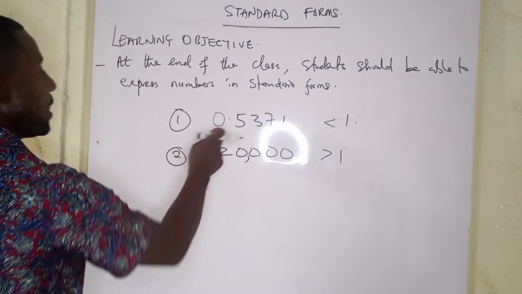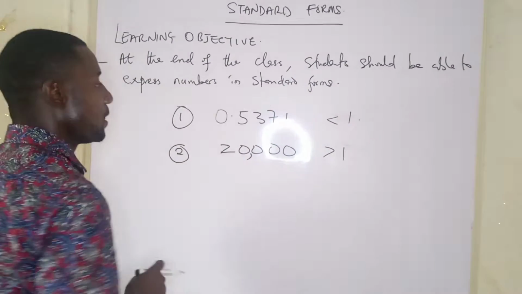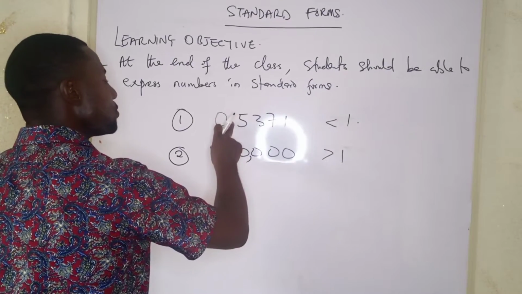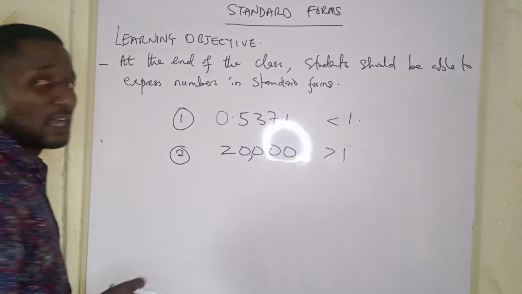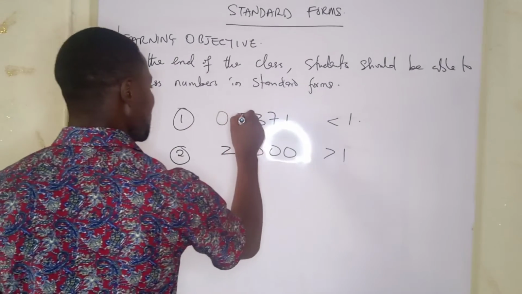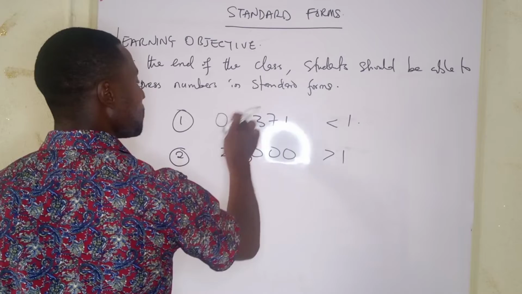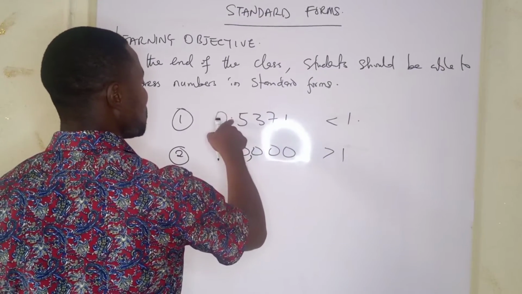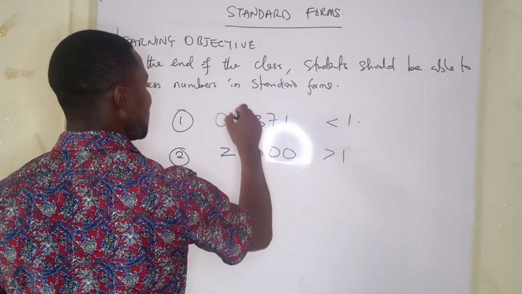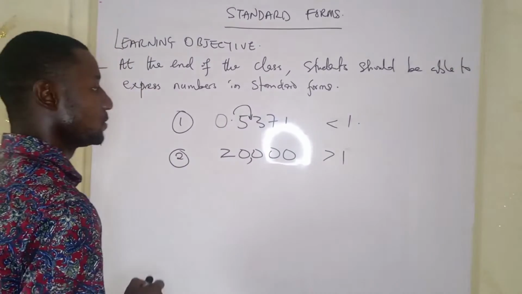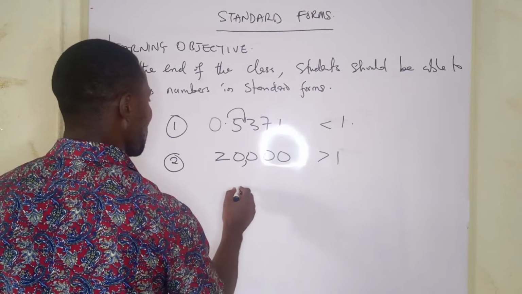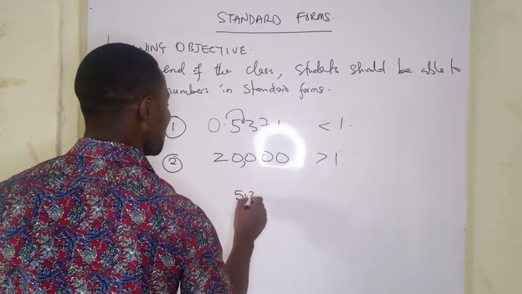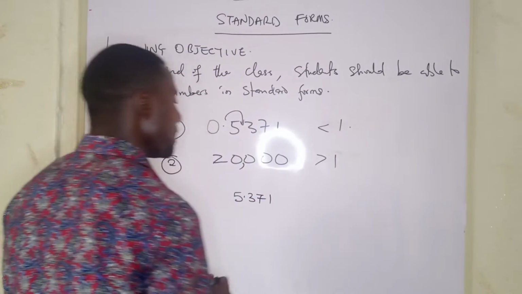Now, how do we work on them? This one here that is less than 1, this dot must go to the unit value. The unit value is 5, so the dot must come to the front of the 5. How many times will this dot move to get to this 5? Just 1. So it will become 5.371.